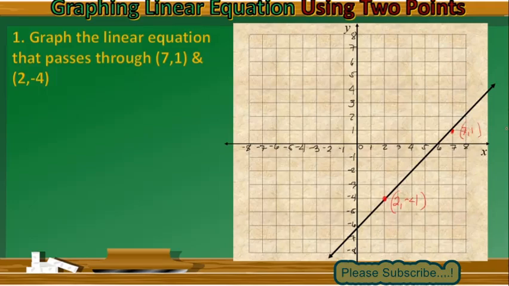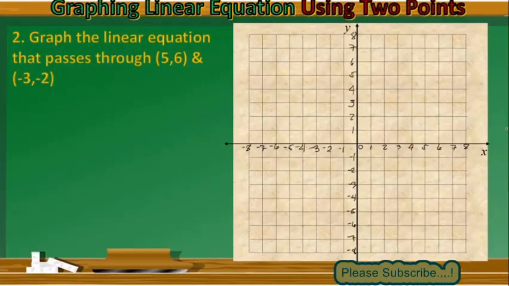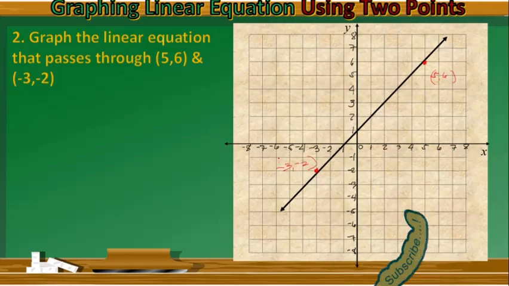Okay, next, the given is 5, 6 and negative 3, negative 2. So let us locate 5, then 6. So here it is. Then negative 3, this one, and negative 2, this one. So to form the graph, that's it. So this is 5 and 6, and this one is negative 3 and negative 2. Okay, that's the graph of those points.